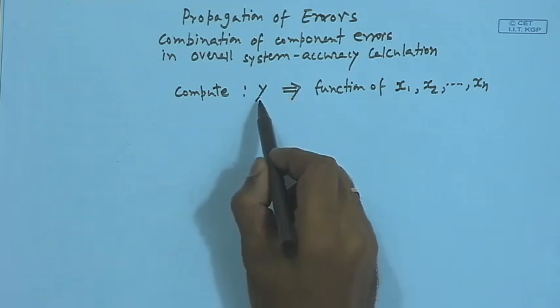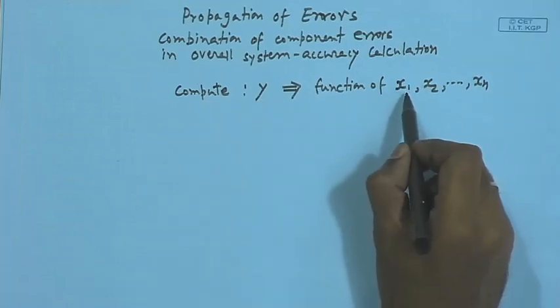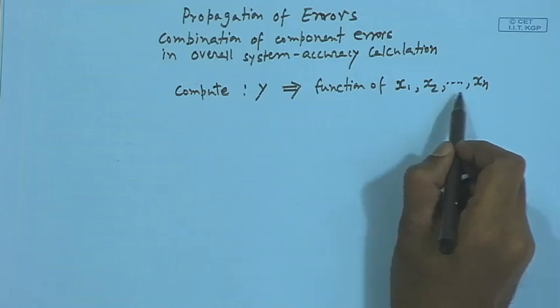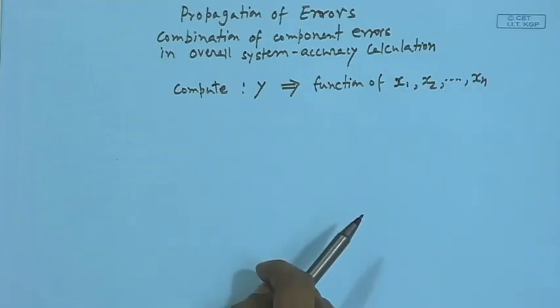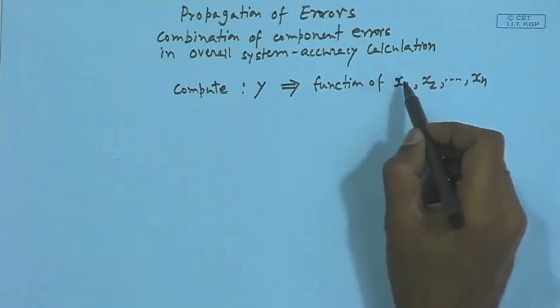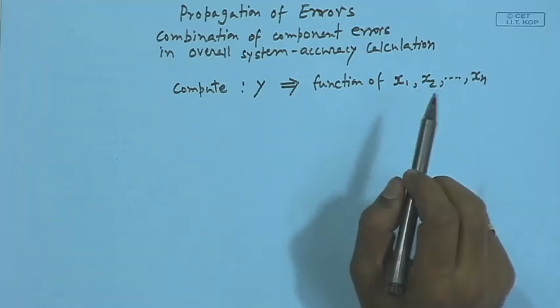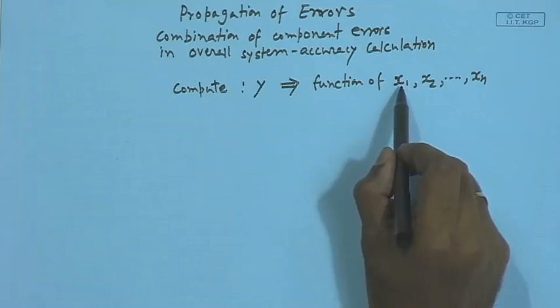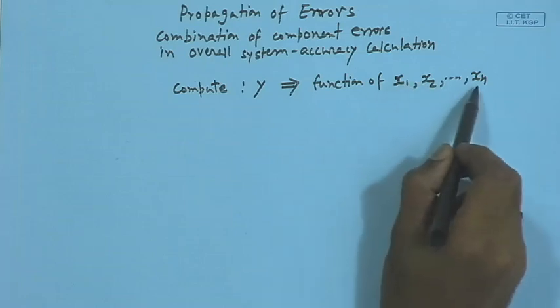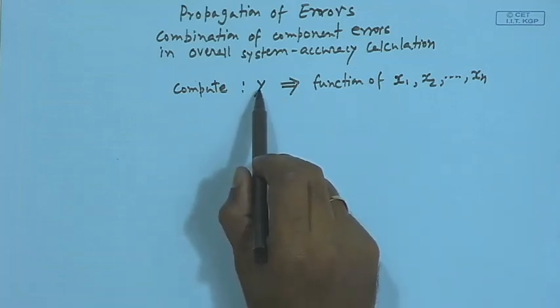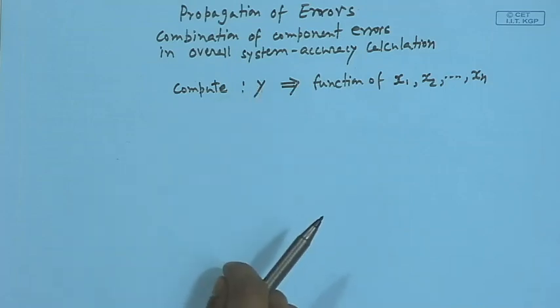So, we want to compute y, which is a function of n independent variables x1, x2 up to xn. So, we are measuring x1, x2 up to xn. If we know the errors or uncertainties associated with x1, x2 up to xn, we want to compute the overall accuracy in y.